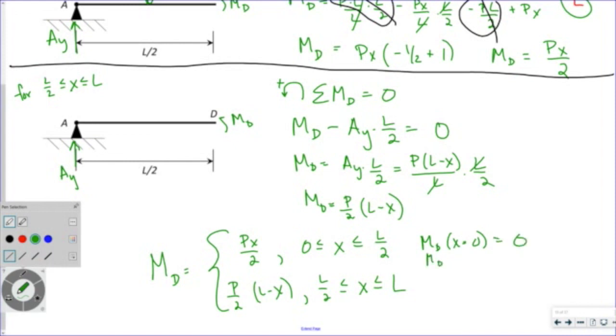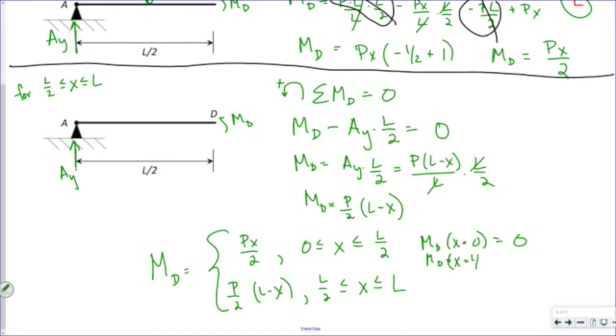If I use that first function, my moment at D, x equals L/2, is PL/4. My moment at D for x equals L/2 for the bottom one, L minus L/2, that's still L/2, so PL/4. And my moment at D at x equals L, L minus L is 0, so 0.